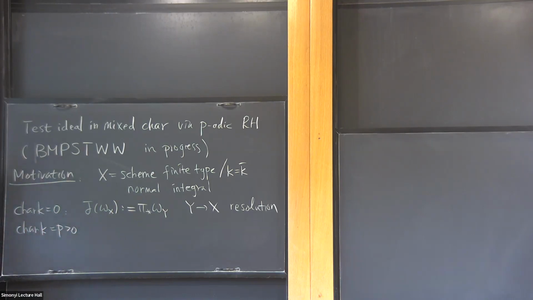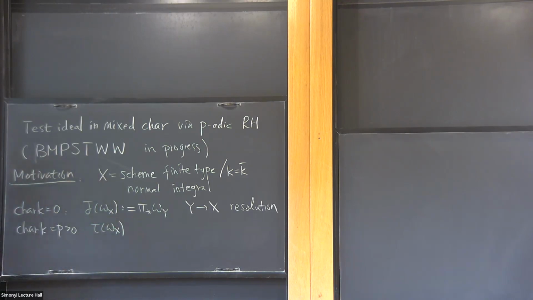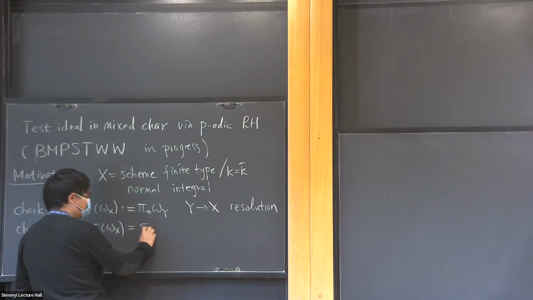If the characteristic is p, then there's an analogous object. We call this a test submodule. The tau of omega X is also a subsheaf of the canonical sheaf.